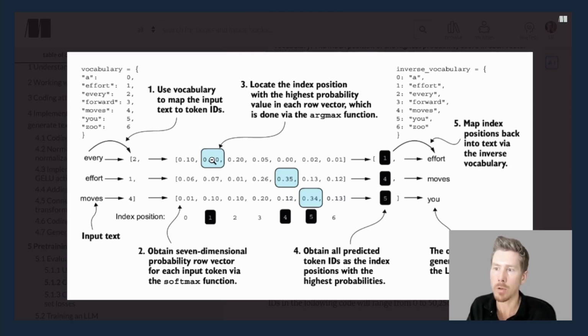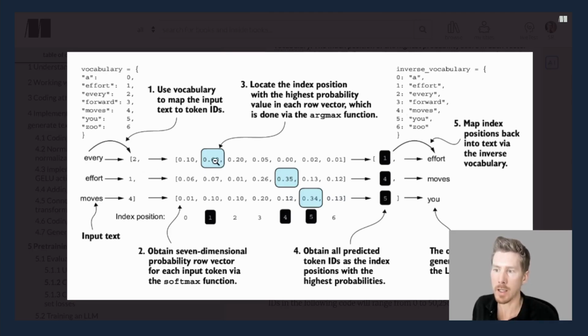And so the model learns during the training later to give high probabilities for the true token that we want to generate. The true token or the target token is what we have in our targets. So you can see every effort moves you. These are our targets. These are our inputs. We want the model to generate the targets, so the shifting by 1 position.